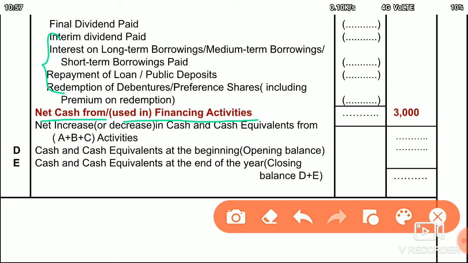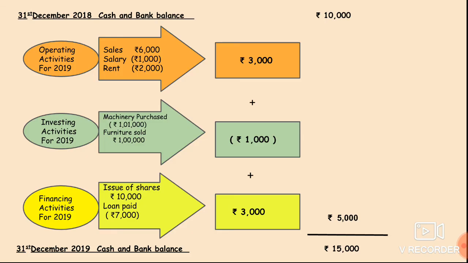So in the example, the net cash inflow of rupees 3,000 will be shown here as net cash from financing activities.